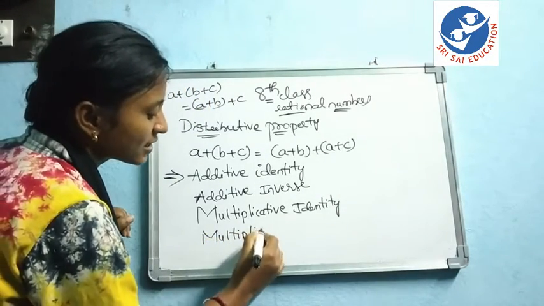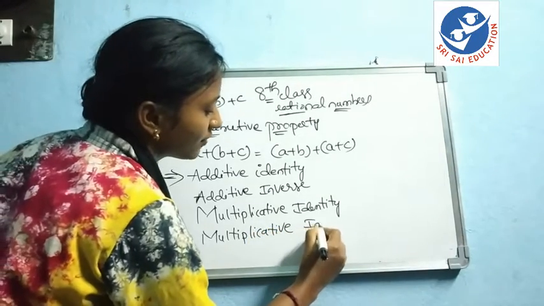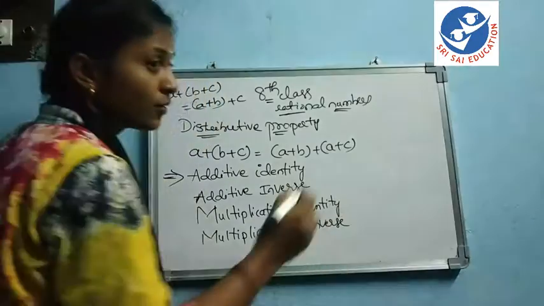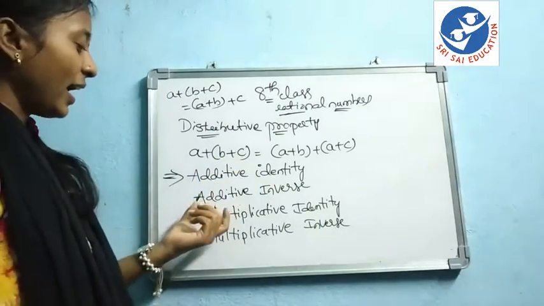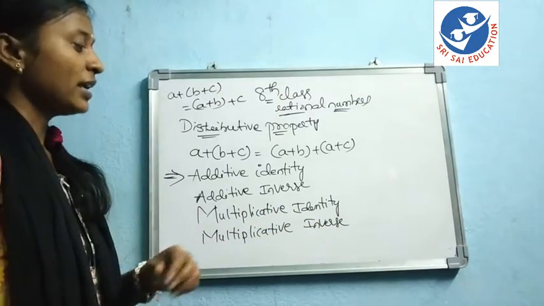These are basics. Listen carefully. Multiplicative inverse. Okay? Additive identity and additive inverse, multiplicative identity and multiplicative inverse.